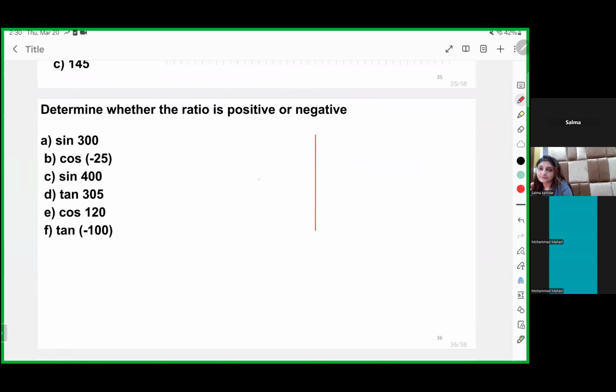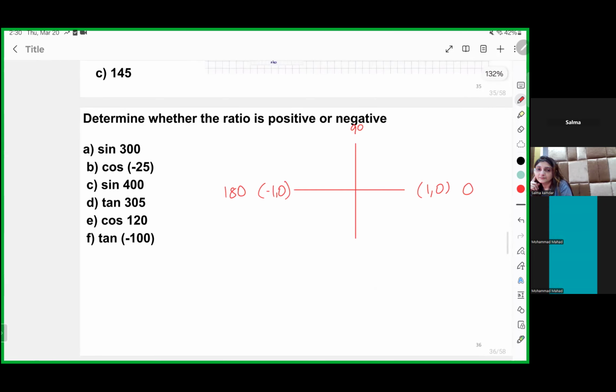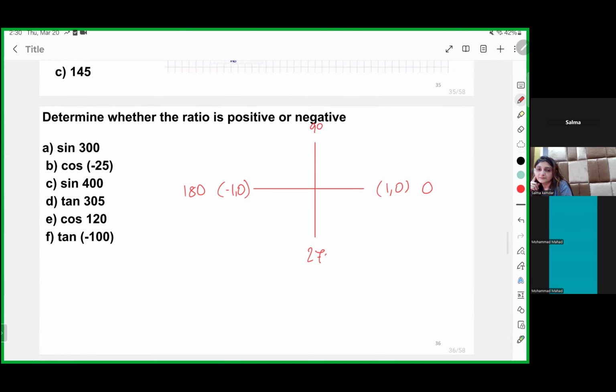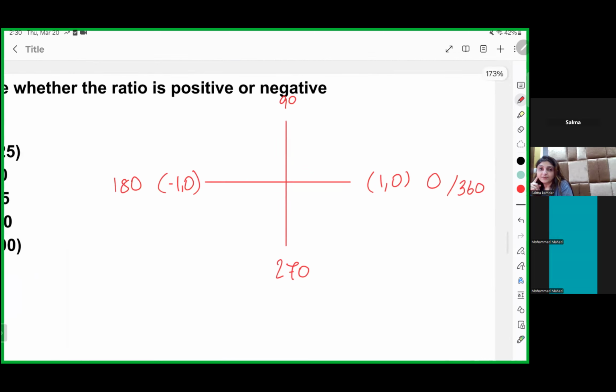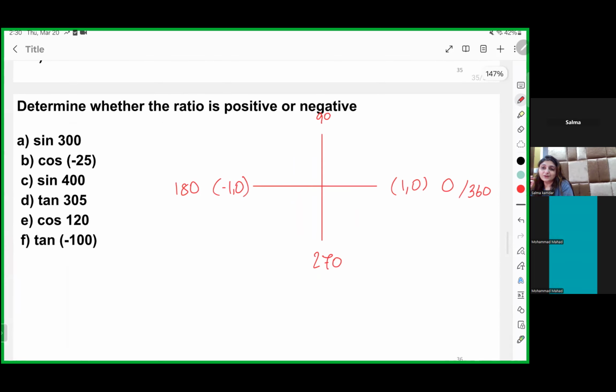So you write 0, 90, 180, 270, 360, please. Okay. You are going to determine whether the ratio is positive or negative.